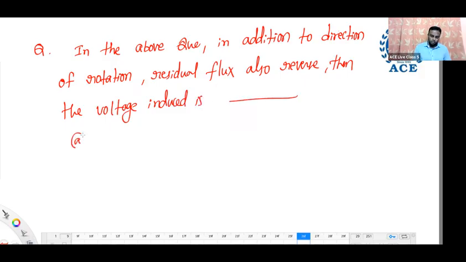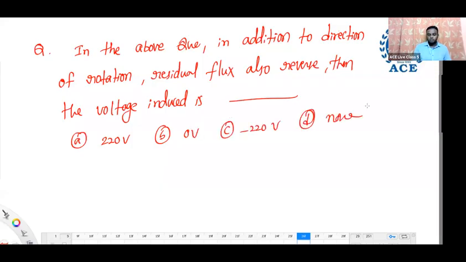Same options I'm giving: 220 volts, 0 volts, minus 220 volts, none of these. What is the answer? Yes, I can expect. First try to answer.